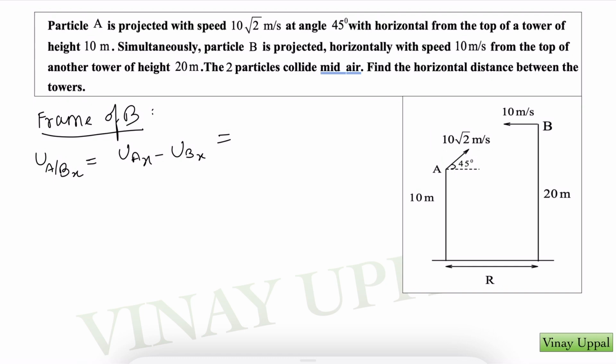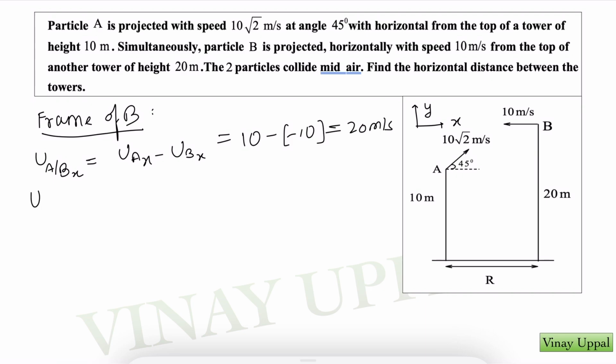That will simply be 10 minus velocity of B x component would be minus 10. I have taken x axis this way and y axis in the upward direction. So I have taken x axis to the right hand side as positive. So velocity of B x component would be minus 10. So this will be 20 meter per second.